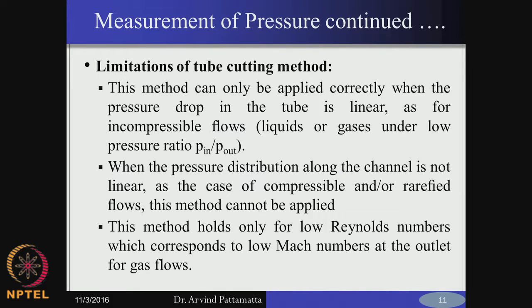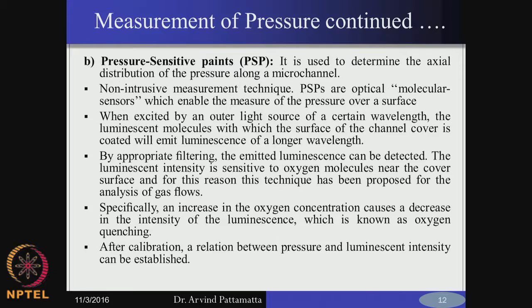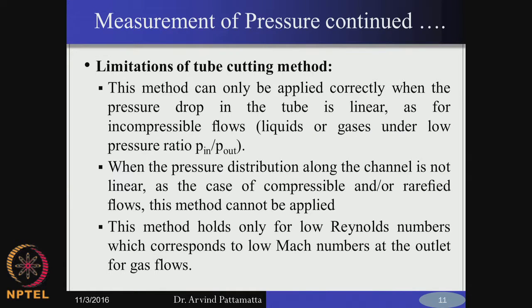So what are the limitations of this particular method? It can be applied correctly when the pressure drop in the tube is linear, as for incompressible flows. Generally, if the ratio of P in to P out is reasonably small, then this could be okay.